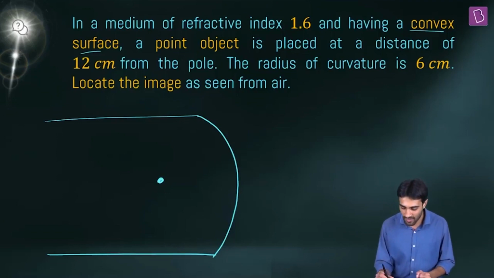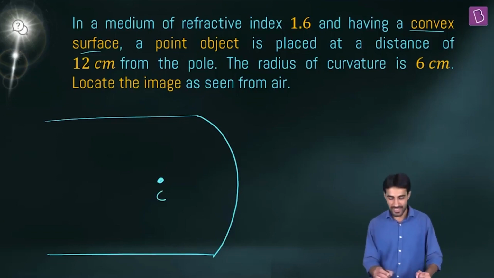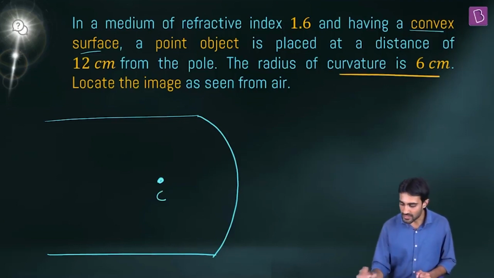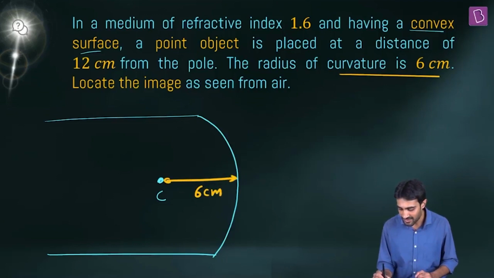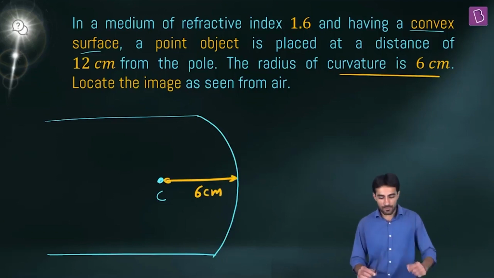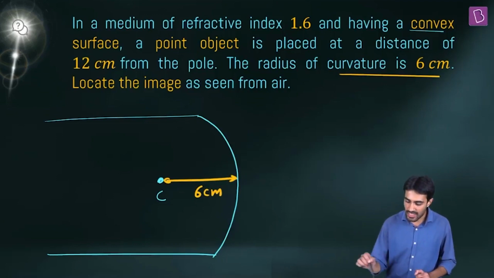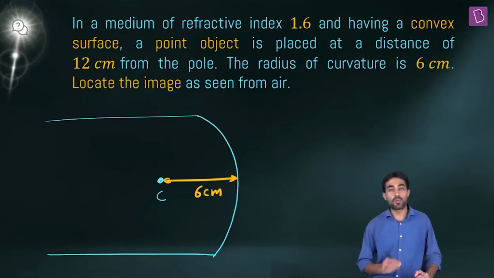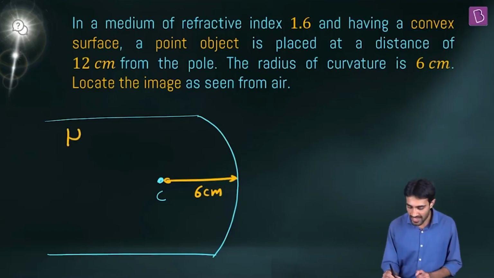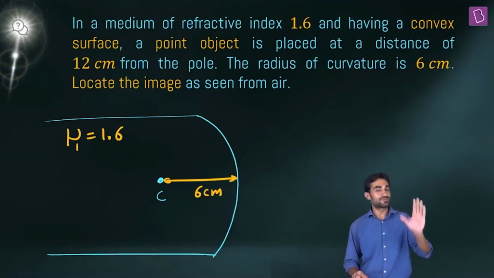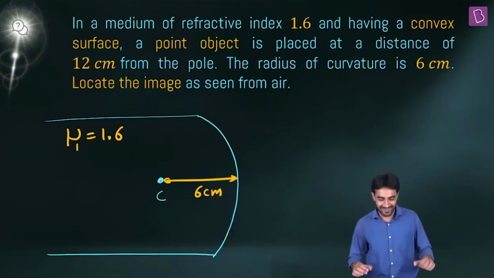So this is our center of curvature C. Good. Now this radius of curvature is given to be 6 cm. So we can imagine this distance to be 6 cm. Nice. Now, the question says the refractive index is 1.6. So, refractive index of this medium is 1.6 given in the question.